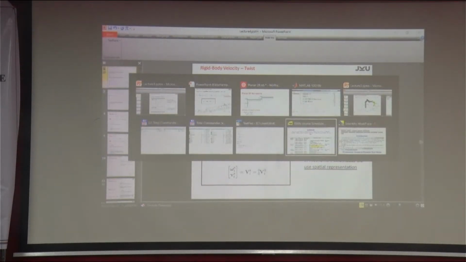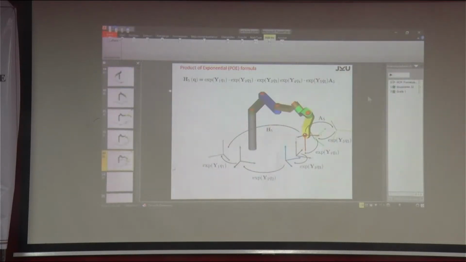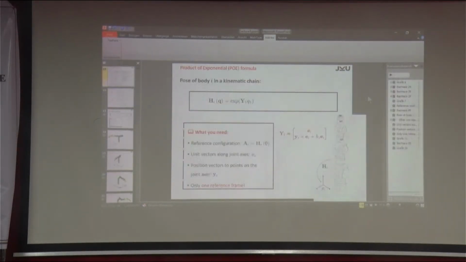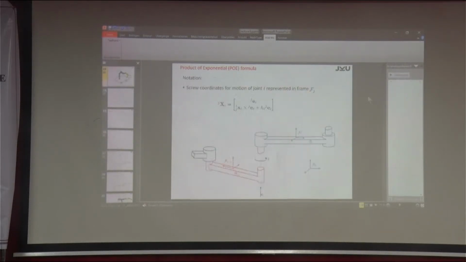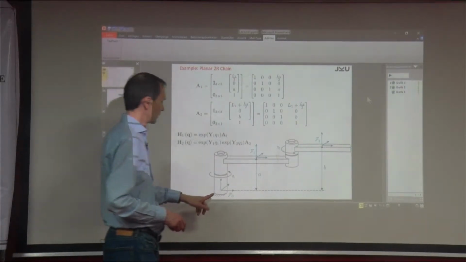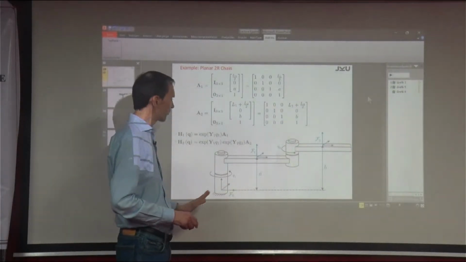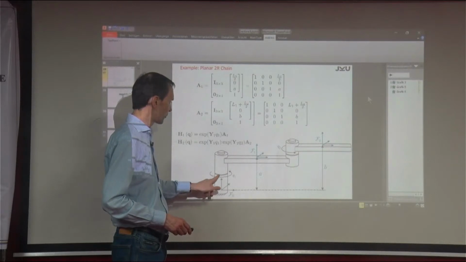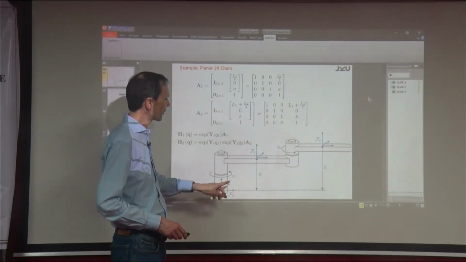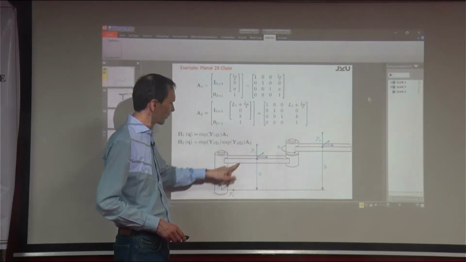Oh yeah, I guess it was. The body fixed screw coordinates of joint 1 means the screw coordinates of the joint expressed in F1.